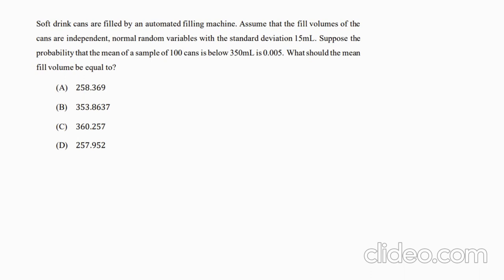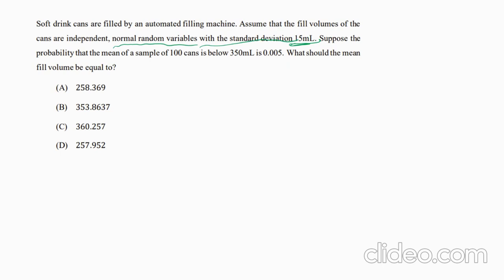So the next question given here is that soft drink cans are filled by an automated filling machine. Assume that fill volumes of the cans are independent and normal random variables with standard deviation of 15 ml. Now firstly, what we can see here is the normal distribution, and then the standard deviation given here is 15 ml.